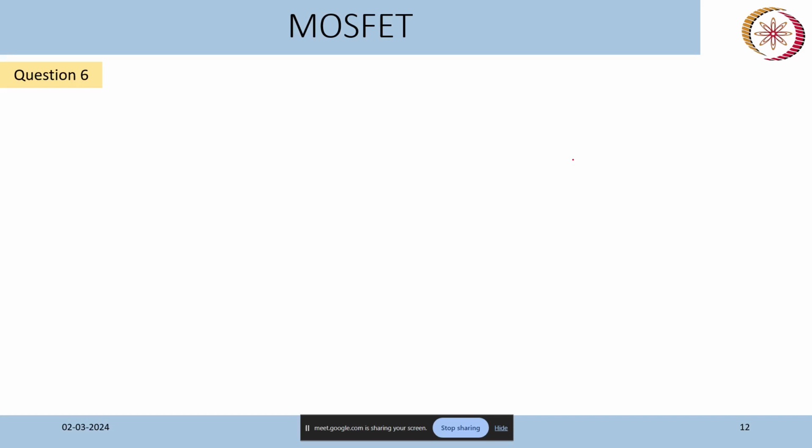Let me first draw the CV characteristics of a MOSFET. Yes, for MOSFET, and it is a NMOS. I'm considering a MOSFET, but it is same for my MOS capacitor also. It is similar, and the diagram I'm taking from the book Solid State Electronic Devices by Streetman.